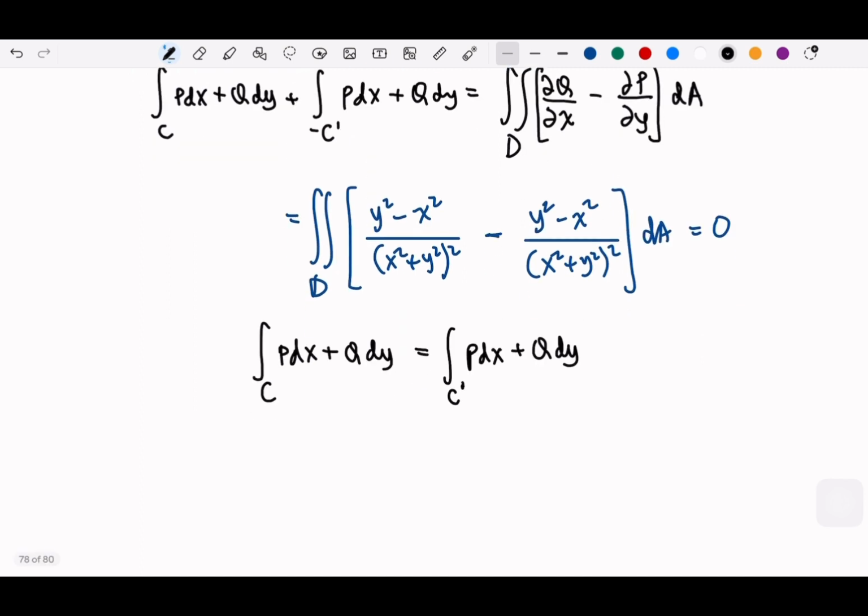So the F dot dr for both curves will be the same.